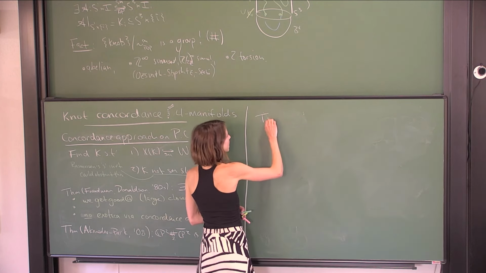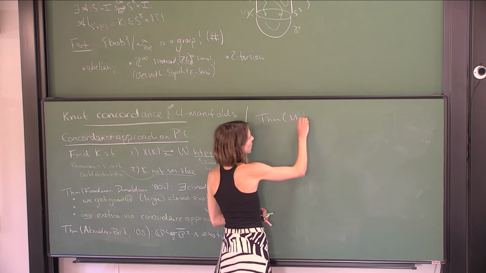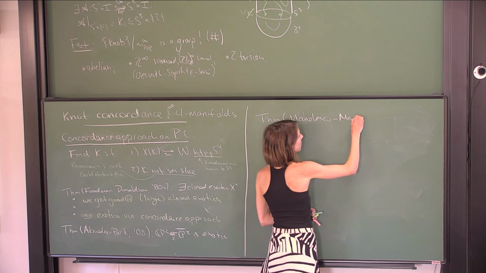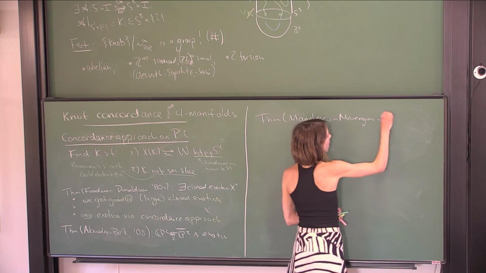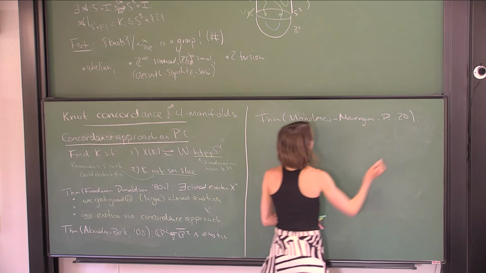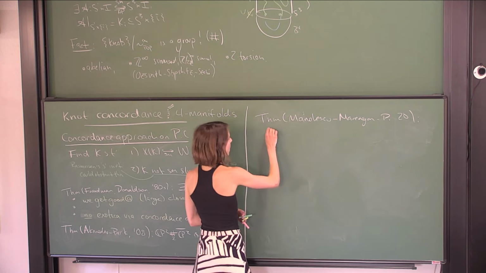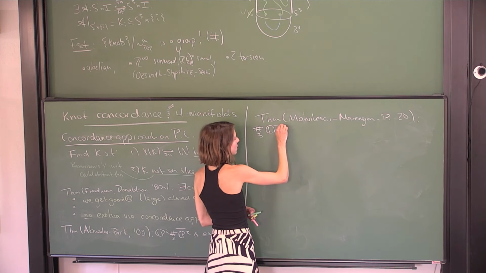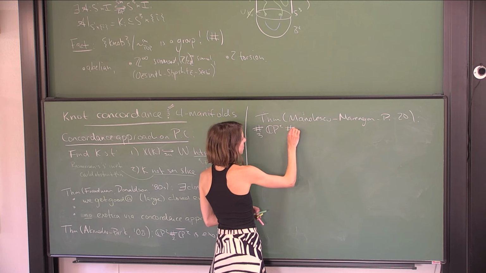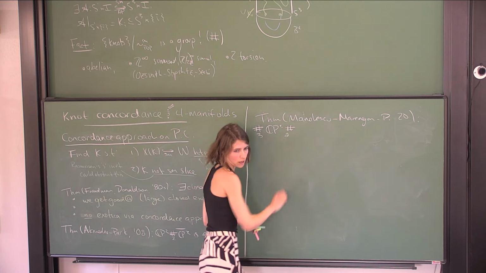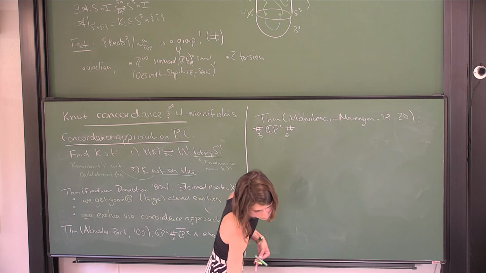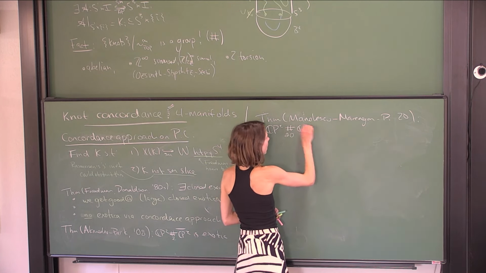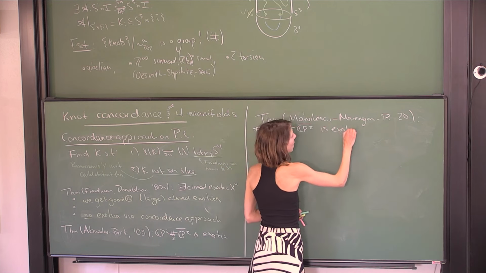So slightly more precisely, and this is joint with Ciprian Manolescu and Marco Marengon, let me just give a sample statement. We prove that 3 copies of CP2 and, I forgot, 20-something copies of CP2 bar, yeah, 20, is exotic.